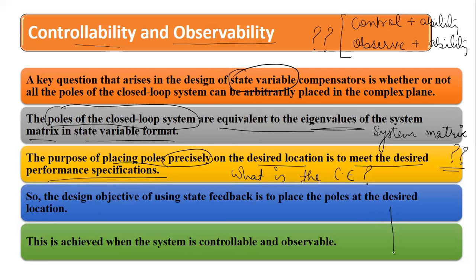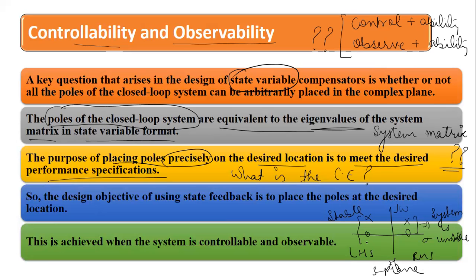We have the complex plane here, j omega, and this is the real axis. We all know that if poles or zeros are placed here, the system is unstable. Now if the poles or zeros are placed here, the system is stable. This is the left hand side, this is the right hand side of the S plane.